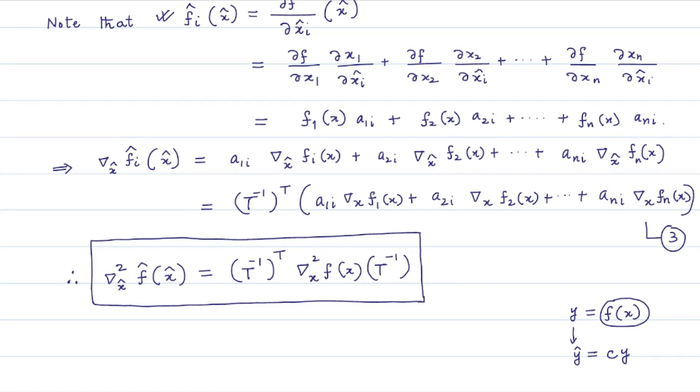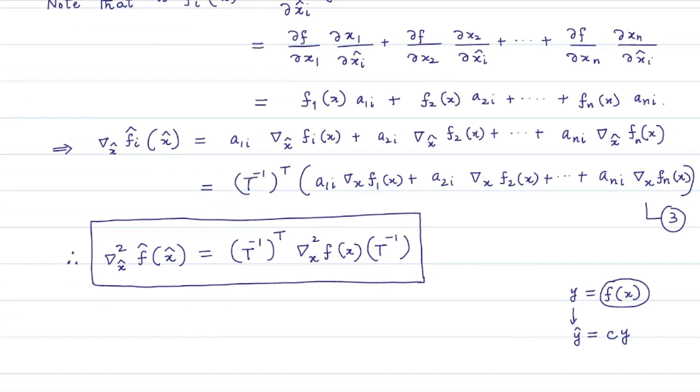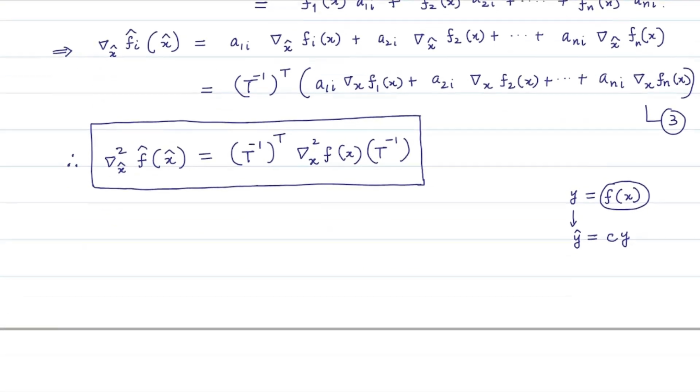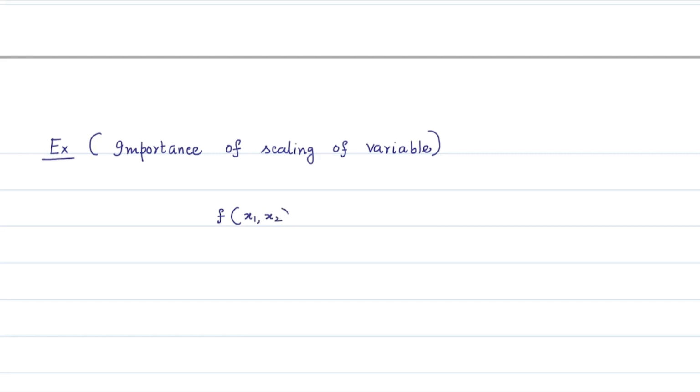Consider a numerical problem, the expression of a function of two variables x1, x2, which is given by lambda times (x1 minus 1) square plus (x2 divided by lambda minus 5) square.